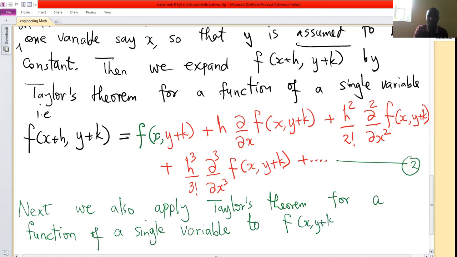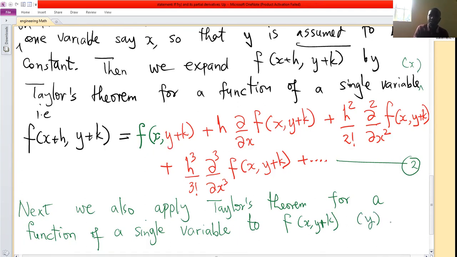We just repeat the same procedure that gave us this 2. Remember, in the first case we had x in mind. Now we have y in mind to write this one as a series.